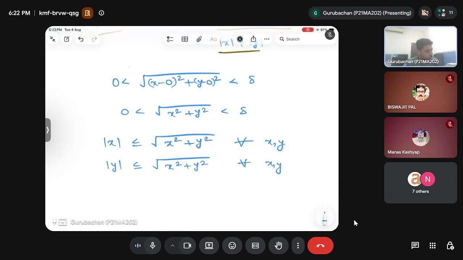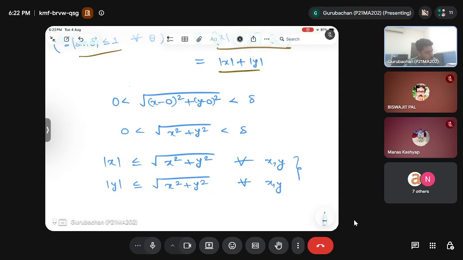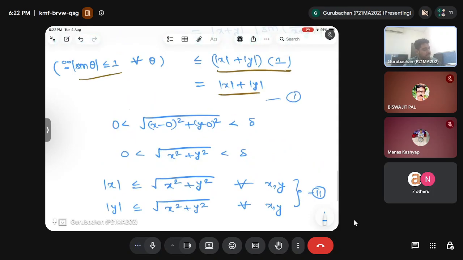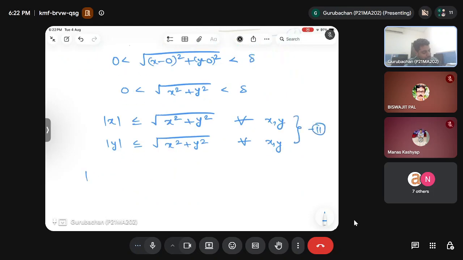So using these two and using our equation number 1, can we say that |f(x,y) minus L| is less than or equal to 2 times under root of x square plus y square? Clear?